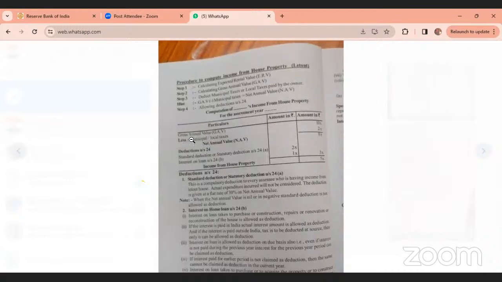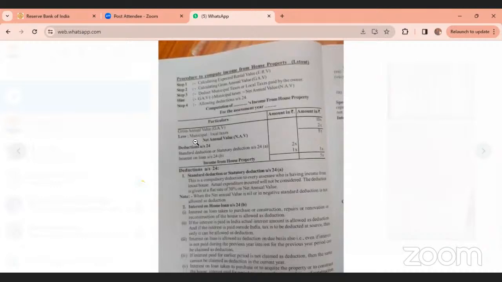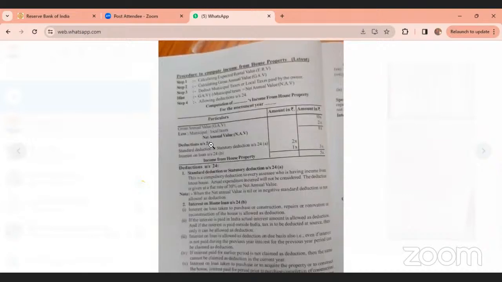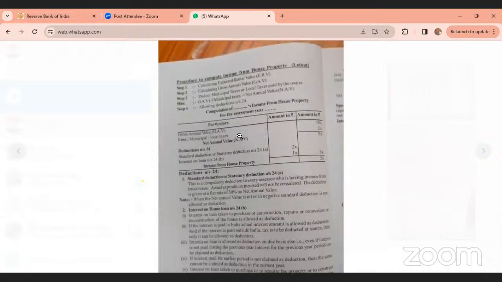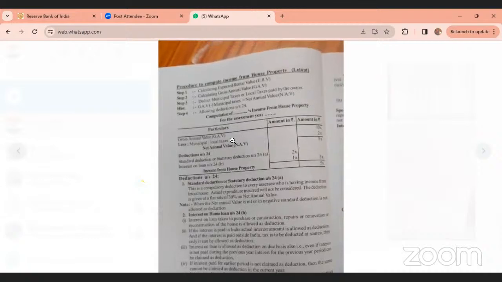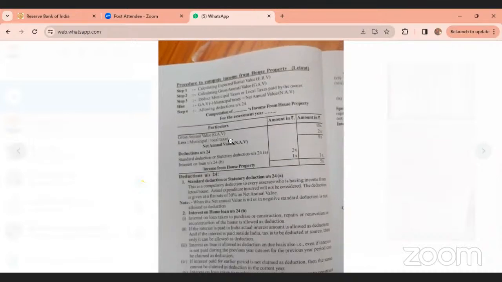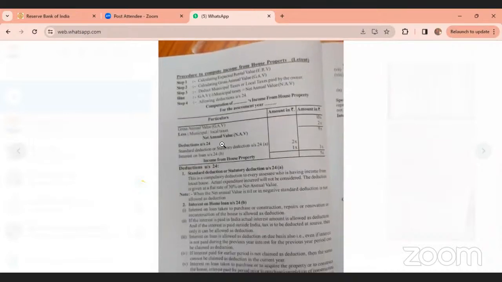First you have to calculate the gross annual value. After that you deduct the municipal tax. Gross annual value minus municipal tax is NAV, that means net annual value.